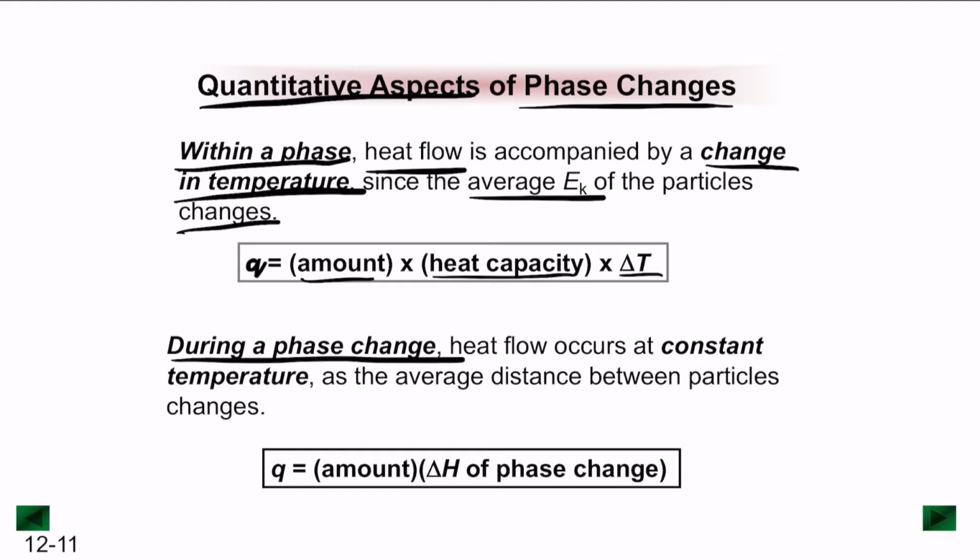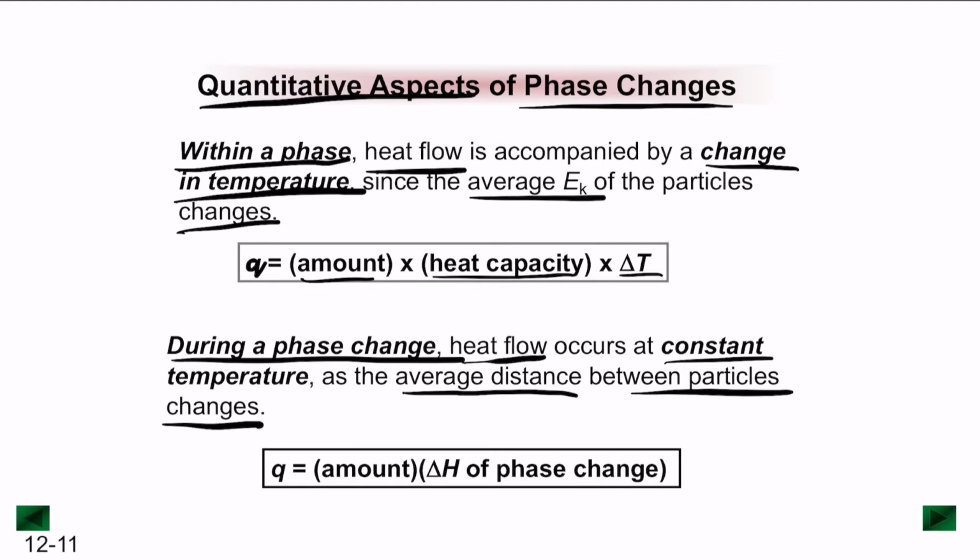Whenever a phase change is occurring, from solid to liquid or liquid to gas, heat flow does not change the temperature; the temperature remains constant, because during a phase change the heat flow is used to change the average distance between the particles.